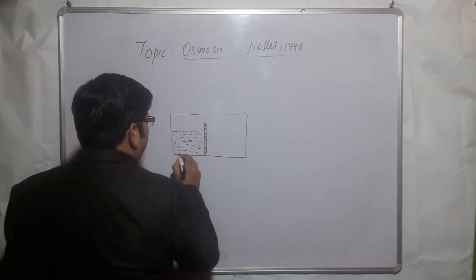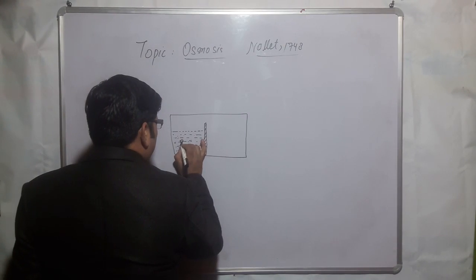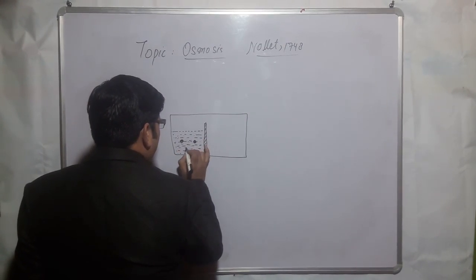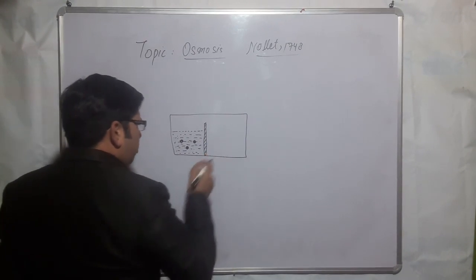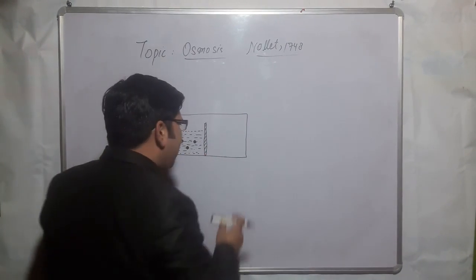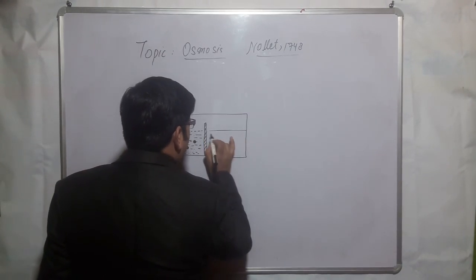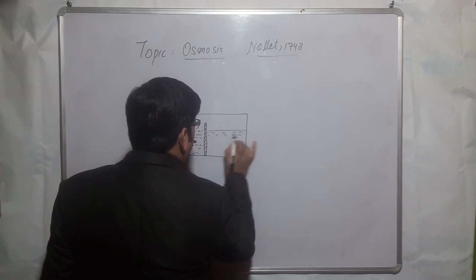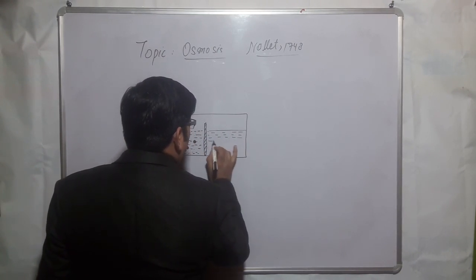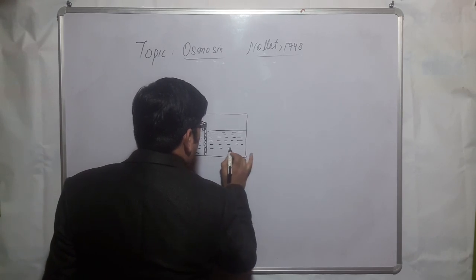So solvent plus solute become a solution. Now this is solute, this one is also a solute, this is a solute particle. We have another solution, in fact, and in this solution again we have solvent plus solute. That means we have another solution, so this is solution number 2.